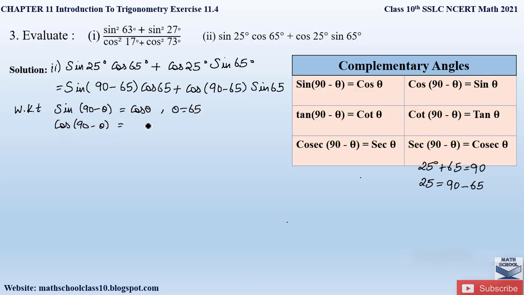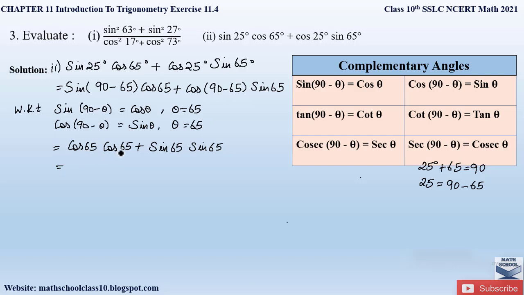It is sine theta, where our theta value is again 65 degree, right? So applying the complementary angle, sine 90 minus 65 will be cos 65. Cos 65 into cos 65 we have, plus cos 90 minus 65 will be sine 65. Sine 65 into sine 65 again, right?